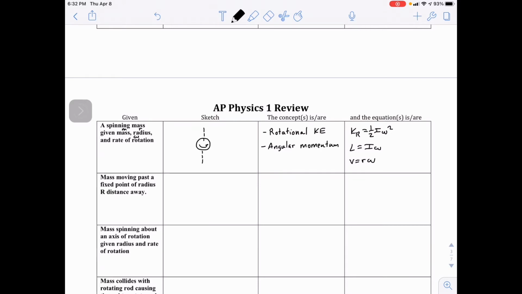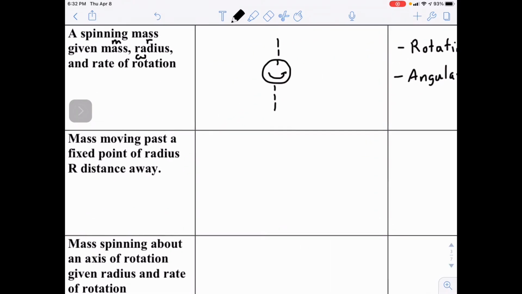Now the next one has a point P some distance away from an object. This is typically r, the distance away from that object.